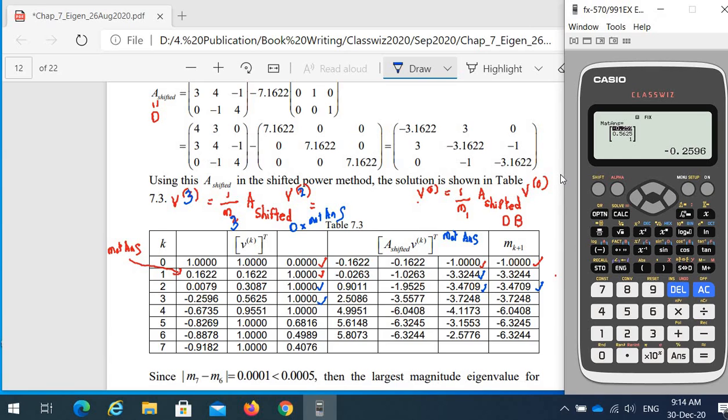So you take A shifted, which is D, times max answer. So D times max answer. So we get 2.5086, go down, negative 3.5577, okay, negative 3.7248.